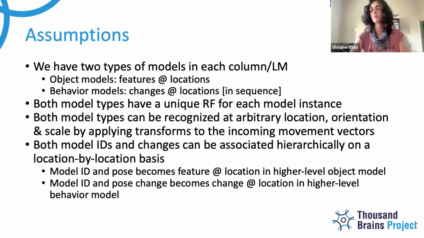It's not at odds with that at all. It agrees. Basically, I'm just saying that we can learn hierarchical models on a location by location basis, and which information goes into which higher level model is dependent on whether it's changing or not changing.